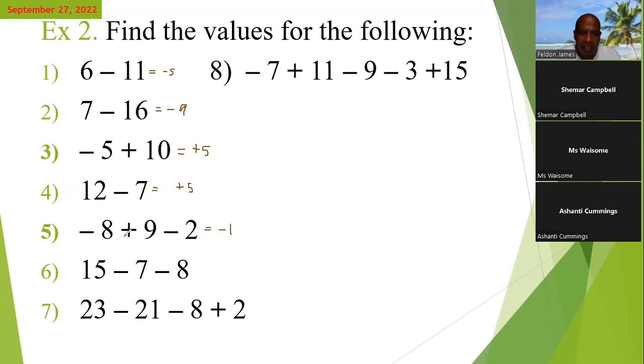You owe $8 and you owe $2, so now you owe $10 and you have $9 for yourself. So you pay back the $9, you still owe $1. Everybody see that?